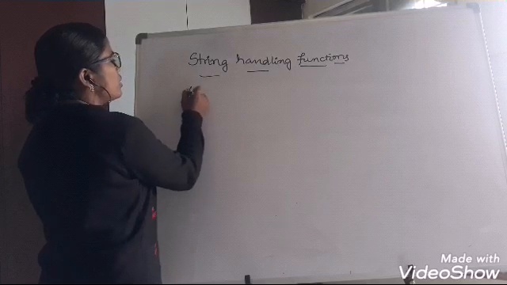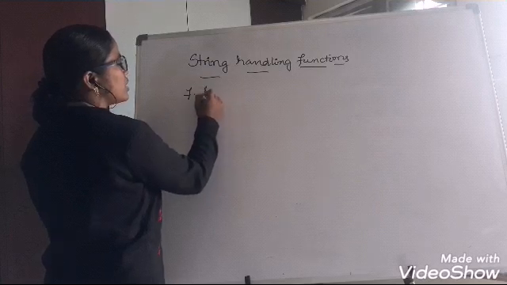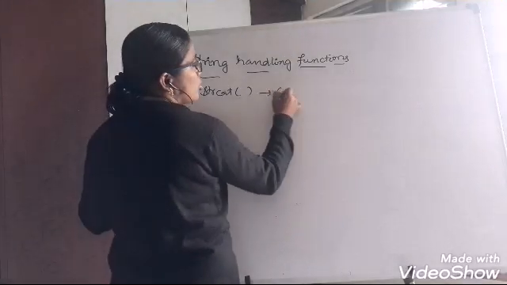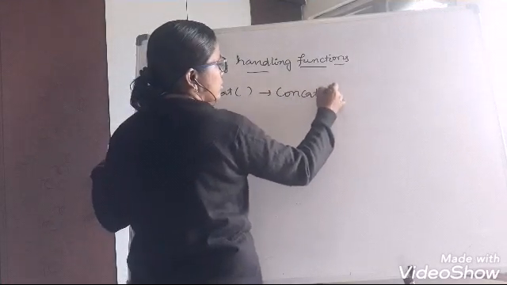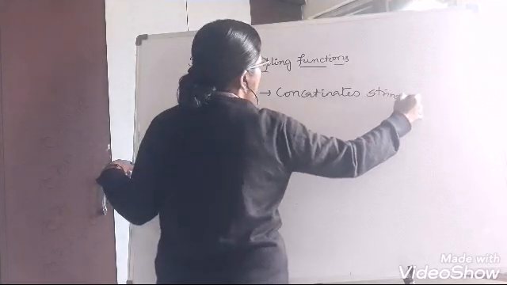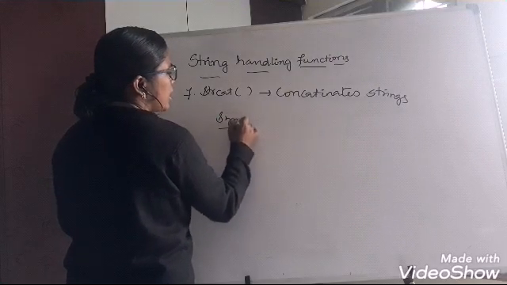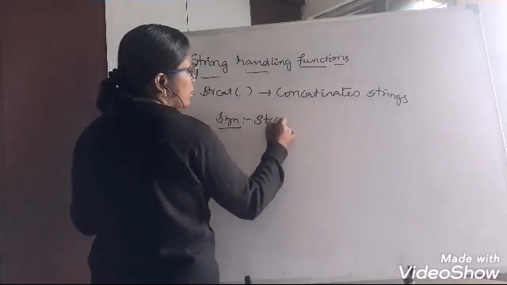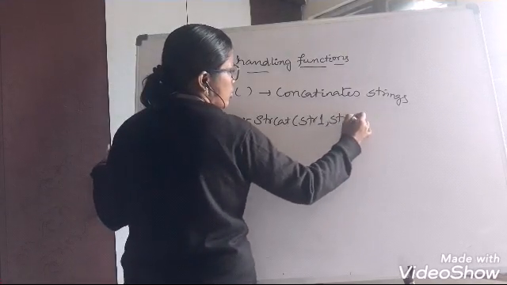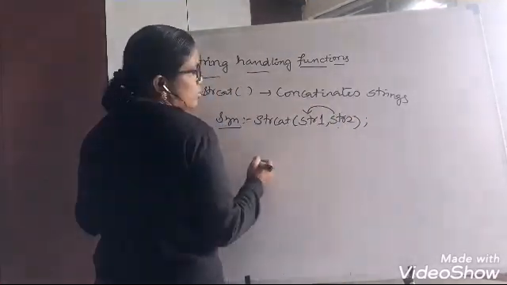The next and the final string handling function is string cat. The meaning is it concatenates both the strings. That means it appends the next string into the first string. Suppose you write string cat of string 1 comma string 2. So this string 2 will be appended to string 1.